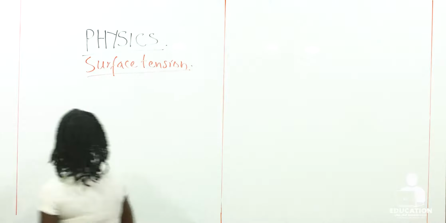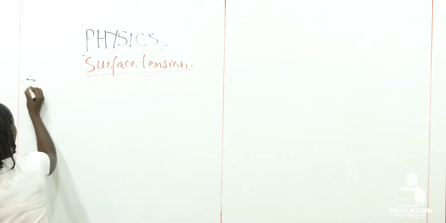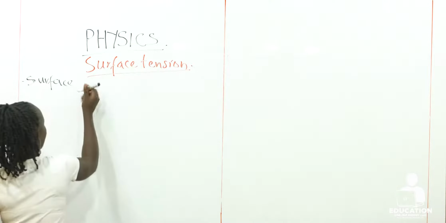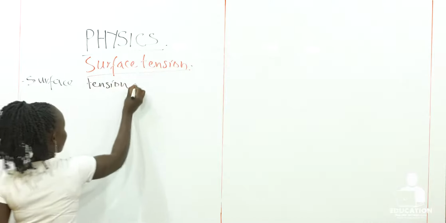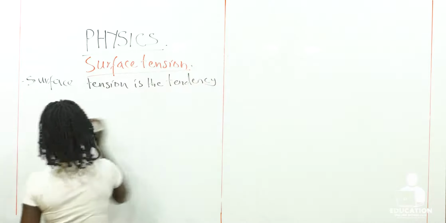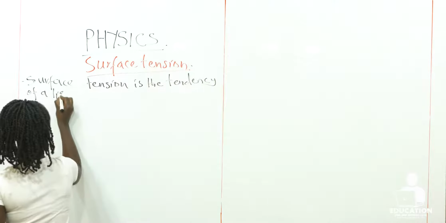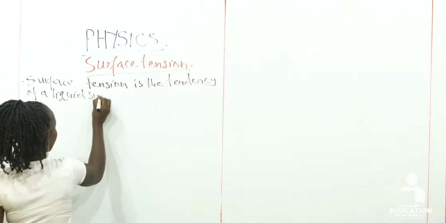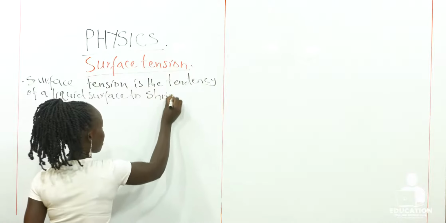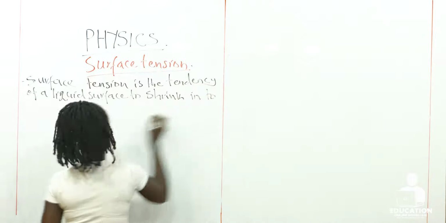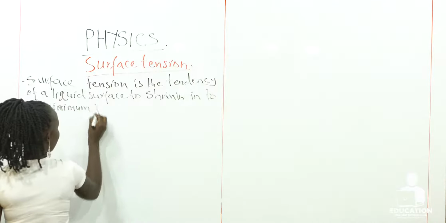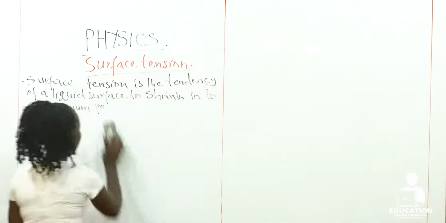So we can say that surface tension is the tendency of a liquid surface to shrink into the minimum area possible.